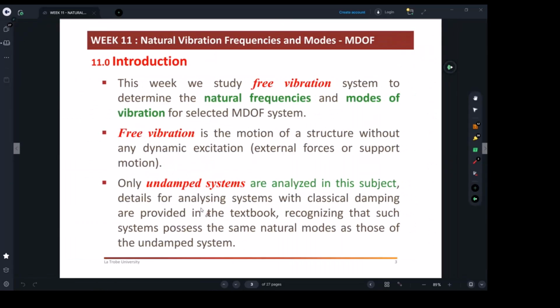Before we start looking at the math again, I will take you through the story behind when the mode shape can be confirmed in a system, or when the mode shape is going to happen.